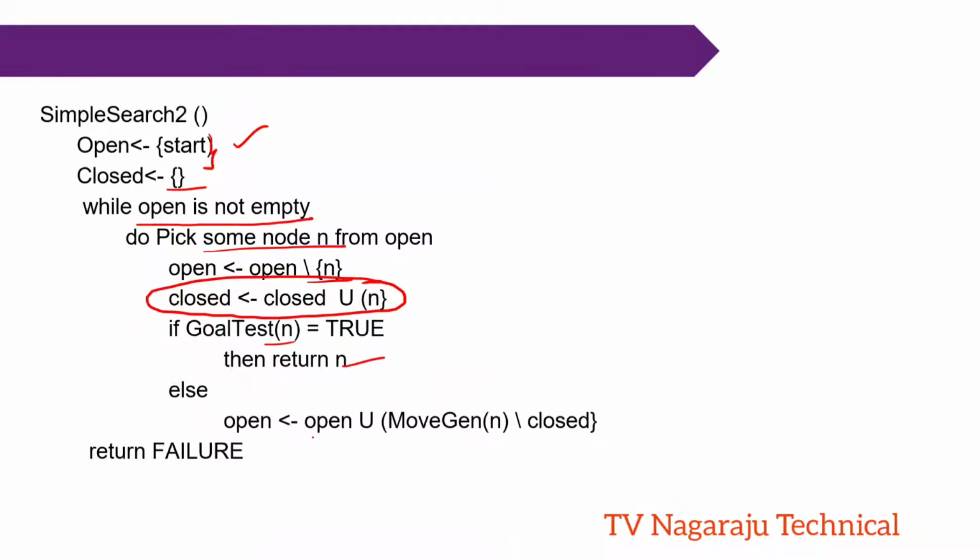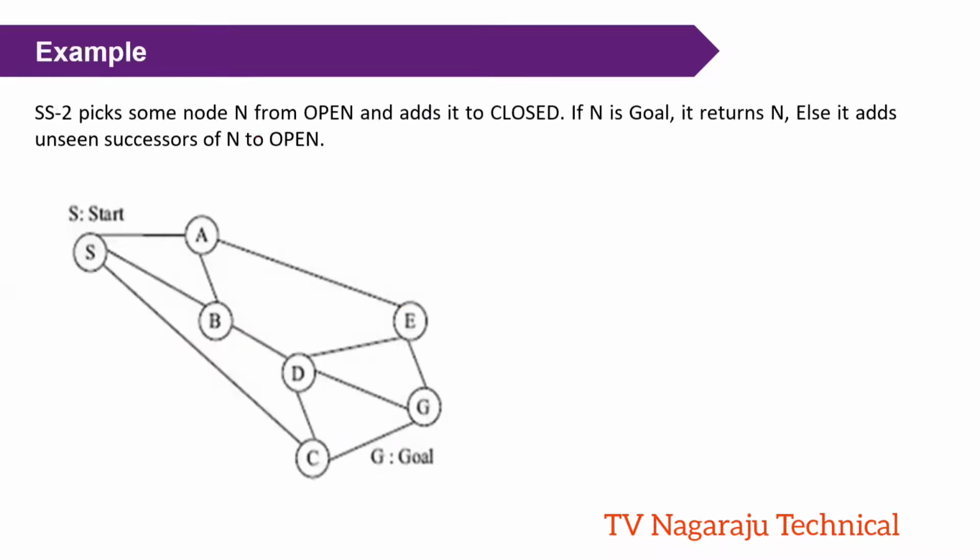Otherwise, open is equal to open union the generated nodes. Observe this adding. Previously, we were adding all the generated nodes, but here the slash means excluding. That means whatever nodes are already available in closed, ignore those nodes. Now, I will explain the example.